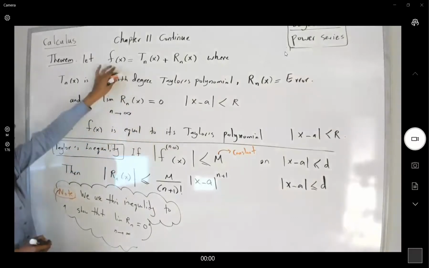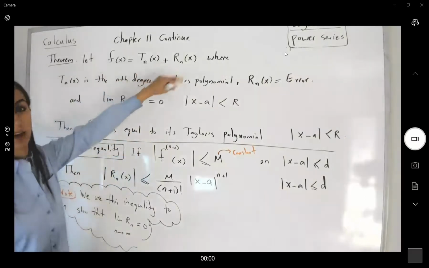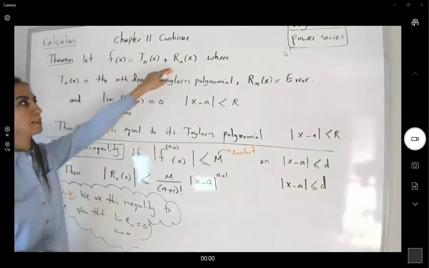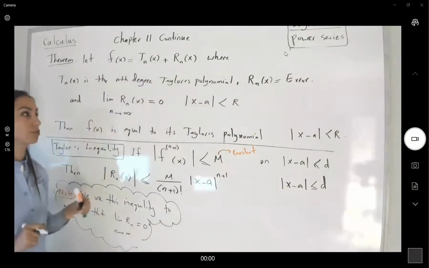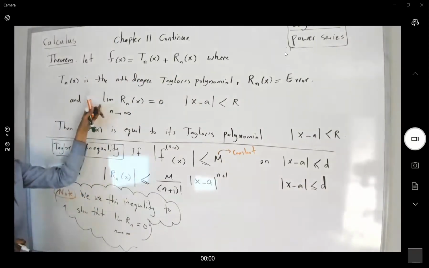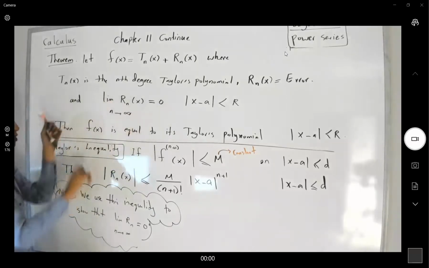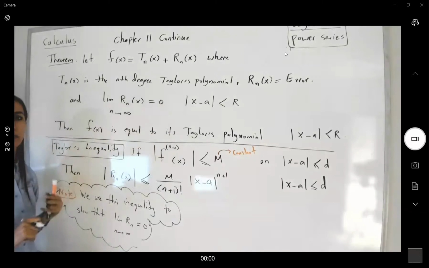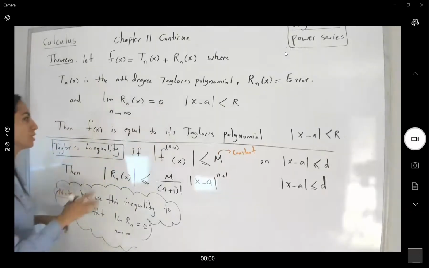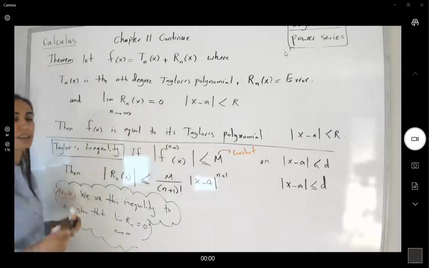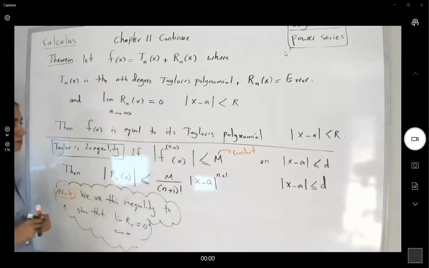So the theorem says if f of x is Tn plus Rn, we have a Taylor's expansion and a term related to error. If you can show that the limit of Rn, the limit of the error, is equal to 0, then this theorem guarantees that f of x is equal to its Taylor's polynomial.